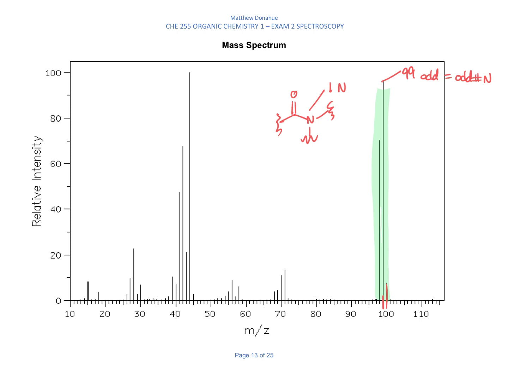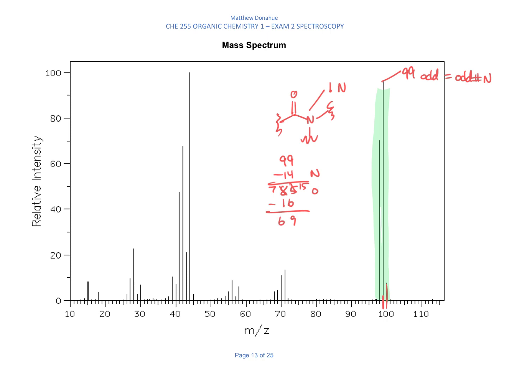So we can take 99 minus 14. That's going to give us 85. We know that there is an oxygen in there. That's the N contribution, and a single oxygen contribution. So we subtract that out.